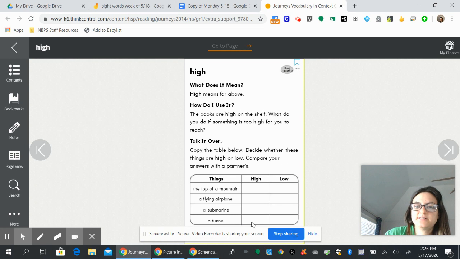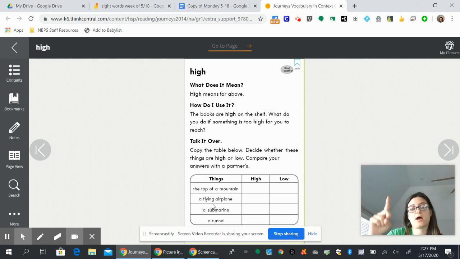So this is another table and it says, which of these things are high and which are low? So when I say the thing, if it's high, you're going to do that. If it's low, you're going to go down. So the top of a mountain, and we just saw mountains because we've been talking about landforms. They have those pointy tops. Is that high or low? I would say it is high.